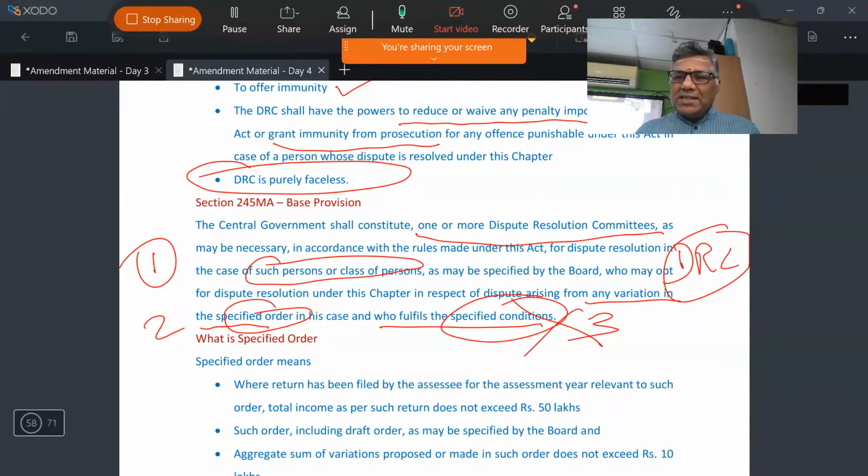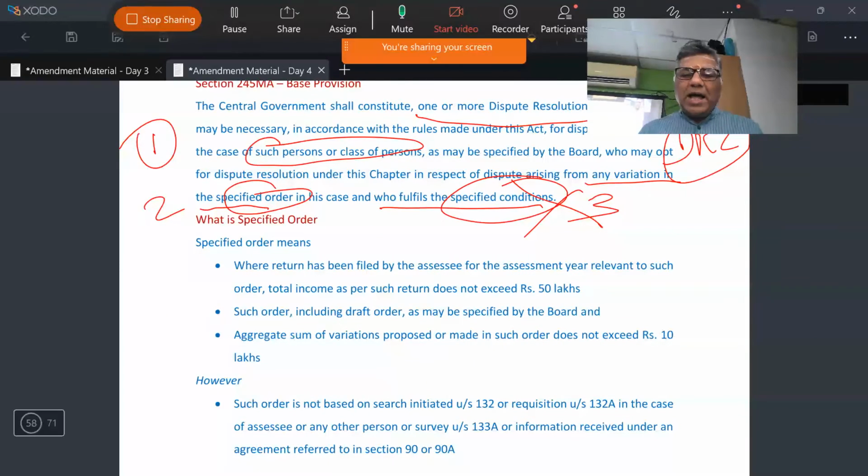In faceless assessment, the assessment unit 1 does not pass a final order. It just passes the draft order, and then it goes for the review, recollection, everything. For all transfer pricing cases, a draft order was only passed first. So, draft order, as may be specified by the board.